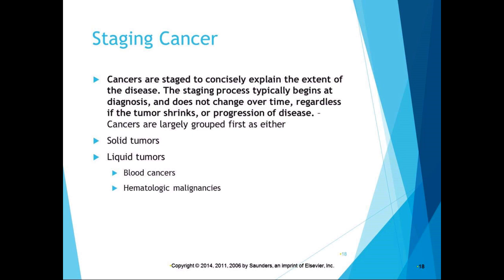Cancers are usually grouped as either solid tumors or liquid tumors. Liquid tumors are blood cancers and hematologic malignancies, and solid tumors are everything else. Usually with a liquid tumor, it's not like a growth that you can pinpoint. They're throughout the blood or throughout the lymph system.